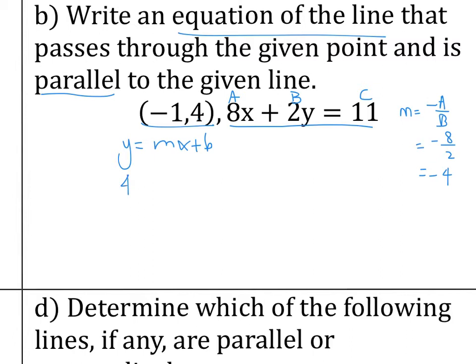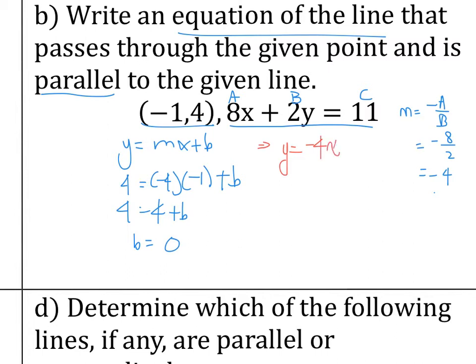Y is 4, and slope is negative 4. X is negative 1, and solve for my y-intercept. And your y-intercept happens to be 0, which makes things even easier. Therefore, y equals negative 4x.